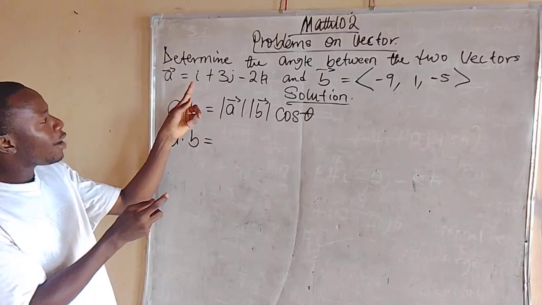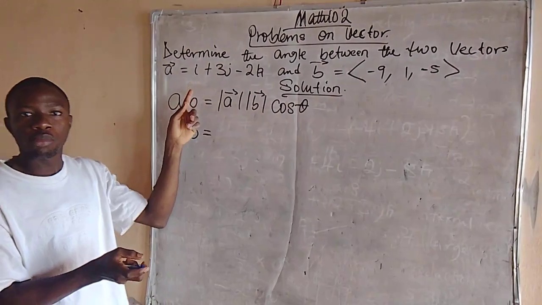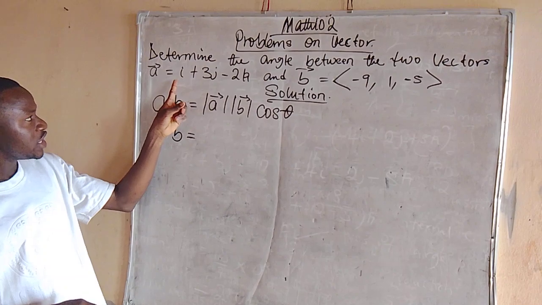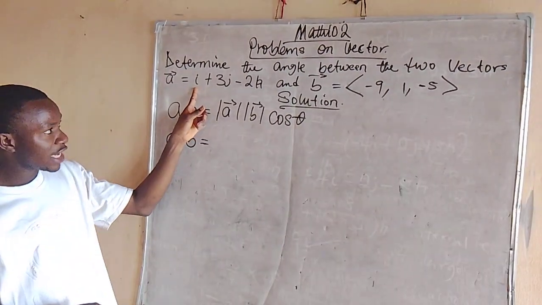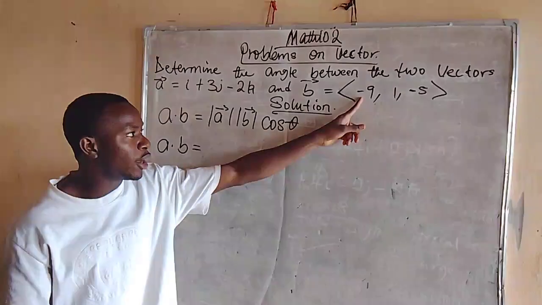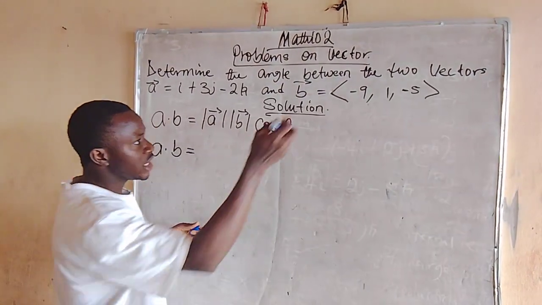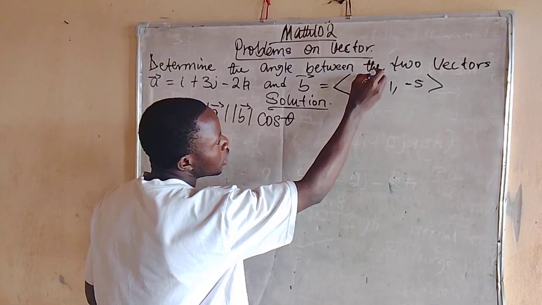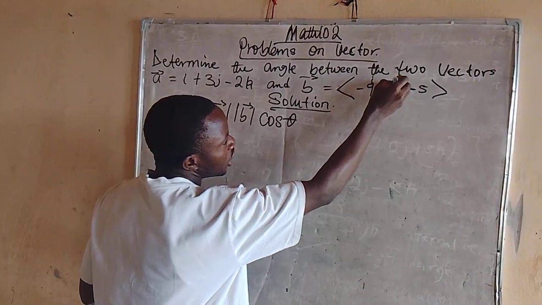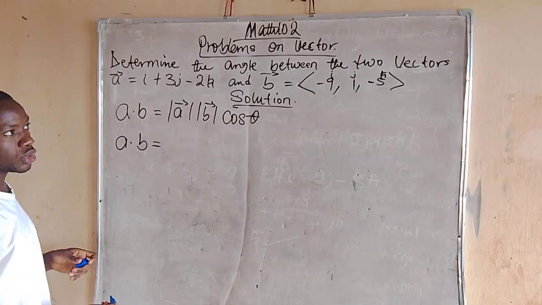When you are multiplying vectors, you multiply similar components together. That is, we have i, and if you want to multiply it, you multiply it by minus 9, because what we have here is the i component, here is the j component, and here is the k component. You should take note of that.